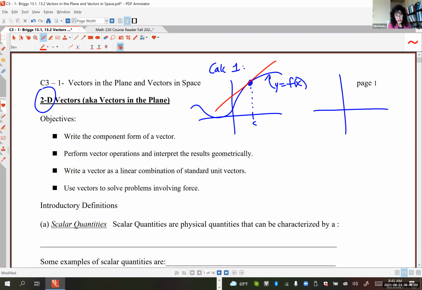And in Calc 1, I hope you remember, oh yeah, we did that. And what was the slope of this tangent line? Does anybody remember how to get a slope of a tangent line to the graph of y equals f of x? If you don't, that's okay, but Derivative? Yes, thank you. Yeah, the derivative. So the slope would be f prime of x, or in this case, f prime of c, because we want it right there when x is equal to c.